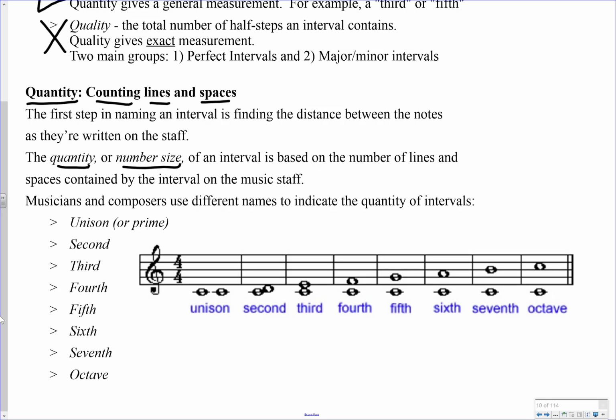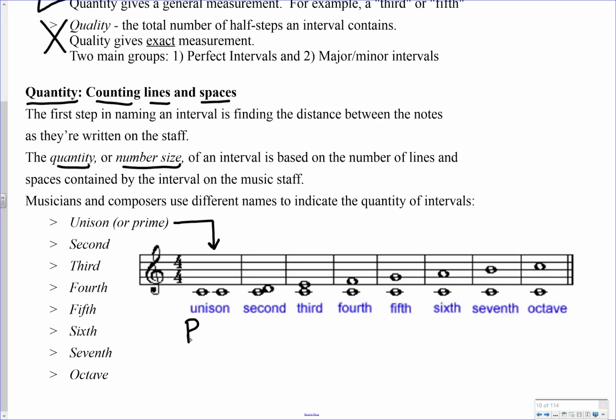So in the first measure, we have unison interval, or prime. You might see a P, and that means that the interval is unison, the same exact pitch.